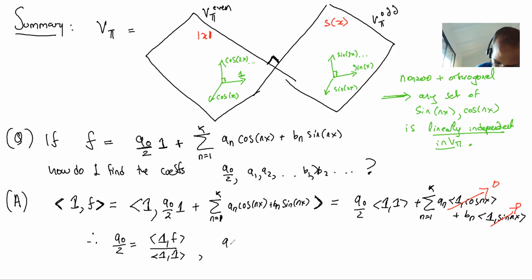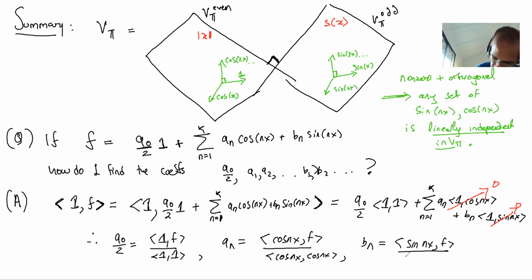And similarly, you get an is equal to the inner product of cosine nx and f over the inner product of cosine nx and cosine nx. And you get bn is equal to the same thing for sine. And these should look very familiar. These are literally the same formulas you used in chapter 6, but now in these infinite dimensional spaces.